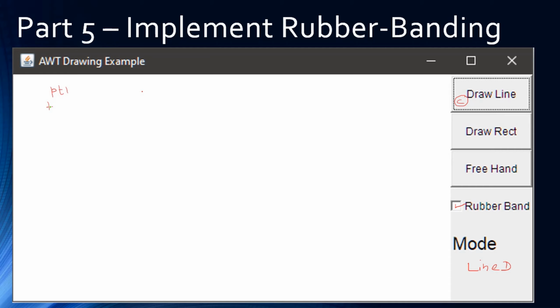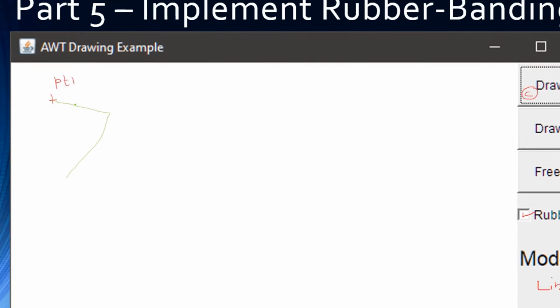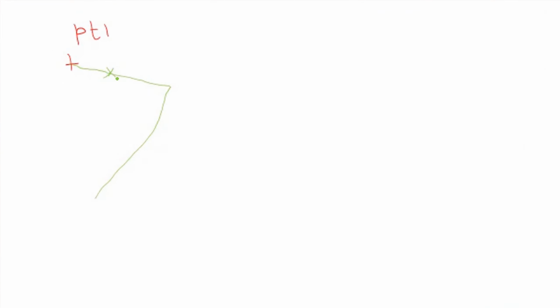PT1 is fixed and PT2, let's say the user is dragging like this. This is the direction they dragged, and let's assume that this will produce drag events at different locations. And we will say that this is where they fixed their final point PT2.